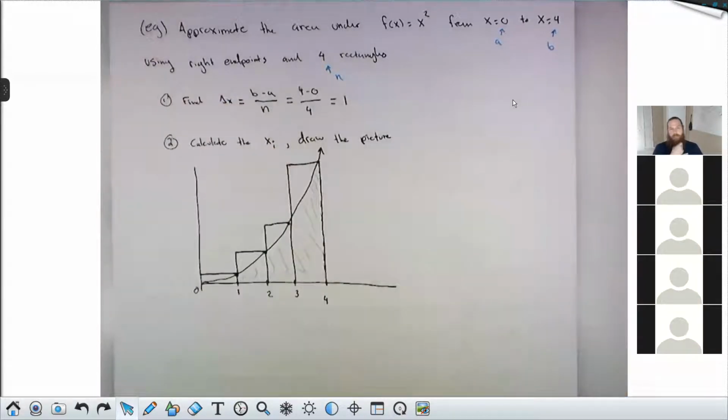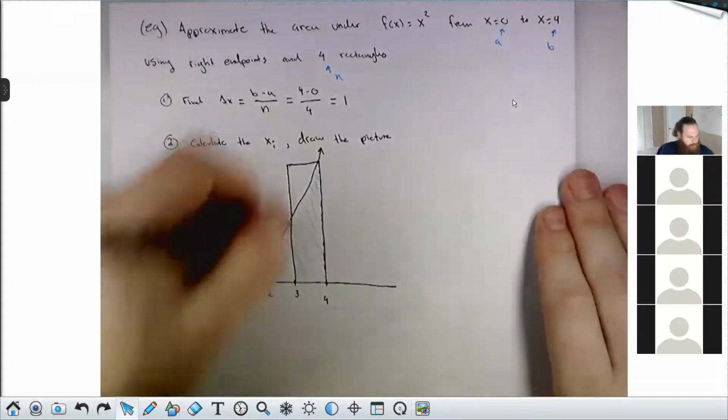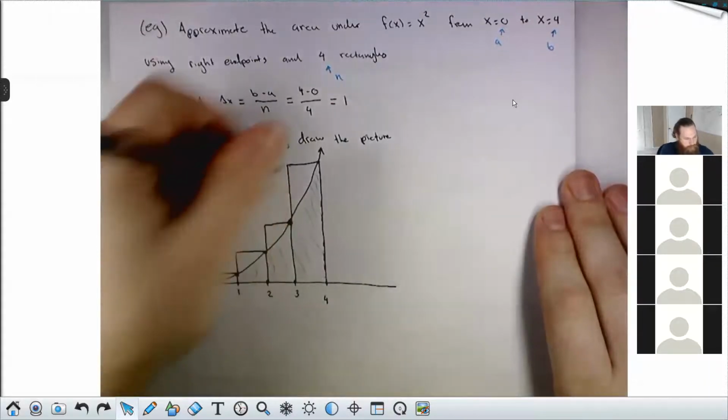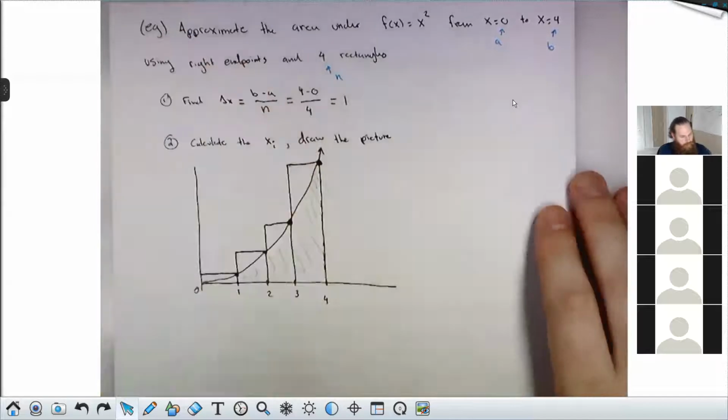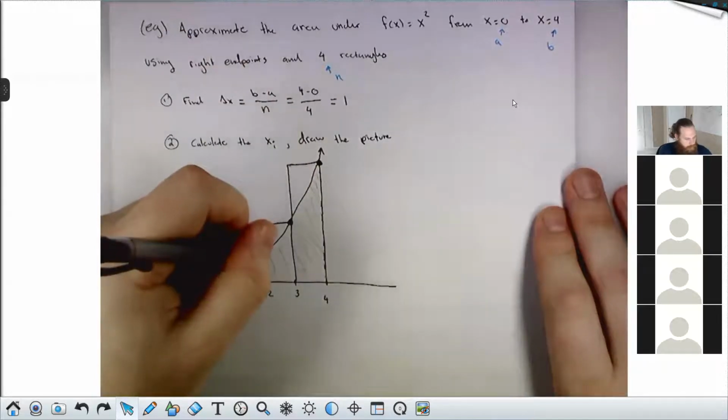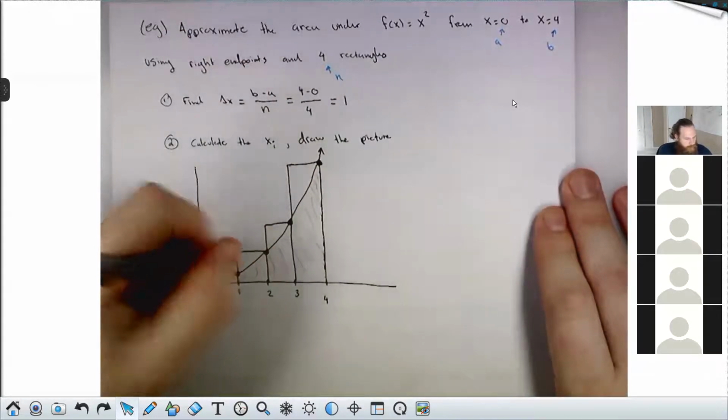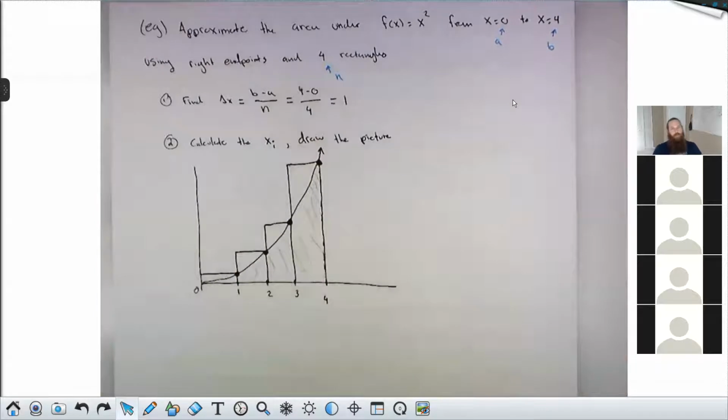Okay, here's the picture. Are there any questions about the picture? Where the rectangles are coming from, what they're approximating?